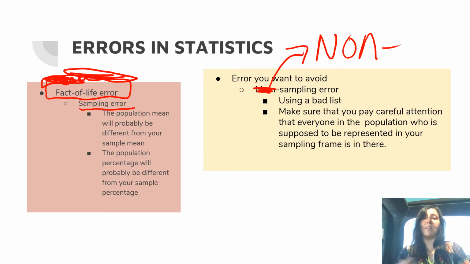And some of the people who are actually faculty at that place might not even be on the list. So not everyone that you're trying to get is represented in your sampling frame. When that happens, you got a bad list, and that is non-sampling error.